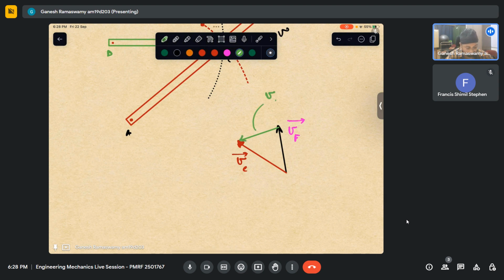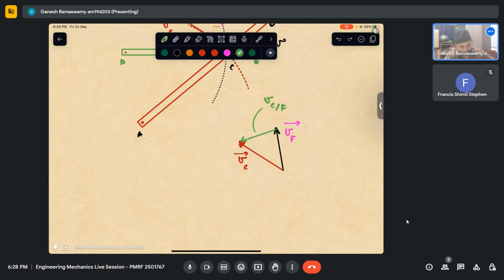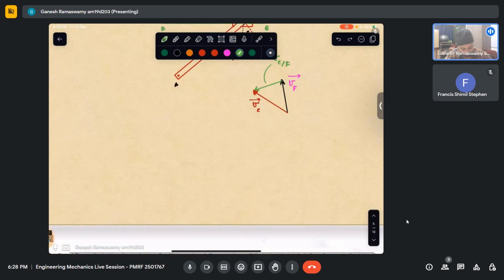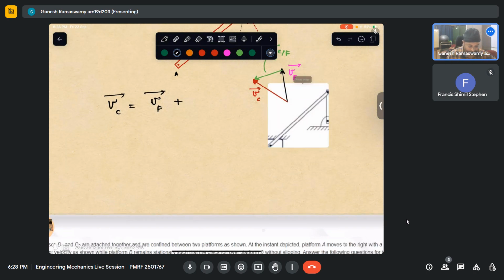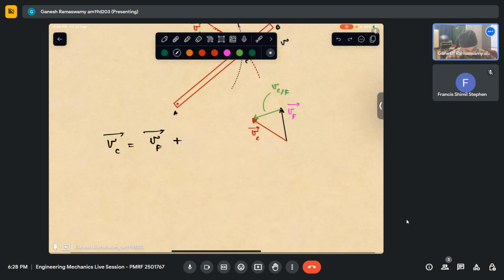This will be the velocity of point C as observed by the fictitious point F. So in such a case, what can this give us? The vector equation which it gives us is: velocity of C is nothing but velocity of that point plus velocity of C with respect to F.